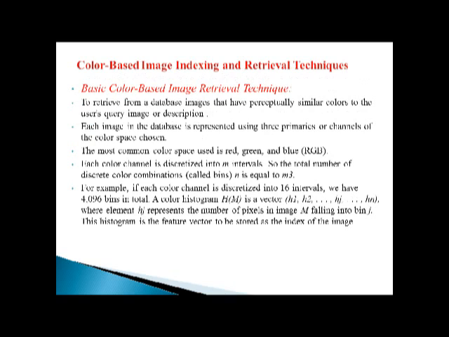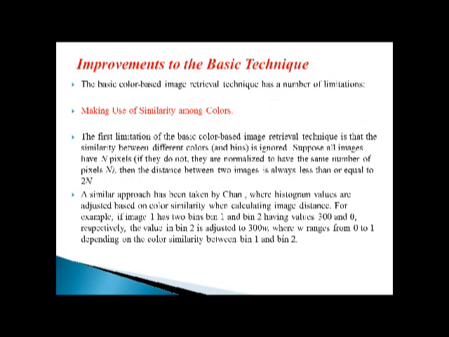The next concept is color, how the image can be retrieved based upon the color. Here we have different color histograms, H1, H2, etc. The histogram can be different on the X and Y axis. When you go through the improvements, making use of certain colors, you can have some million pixels, and each pixel has its own value.